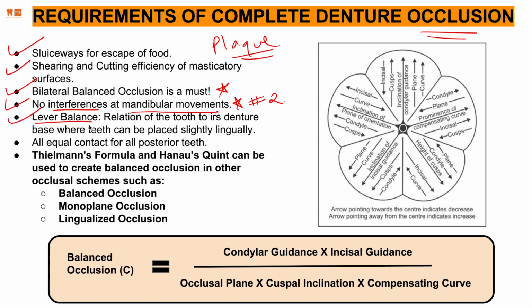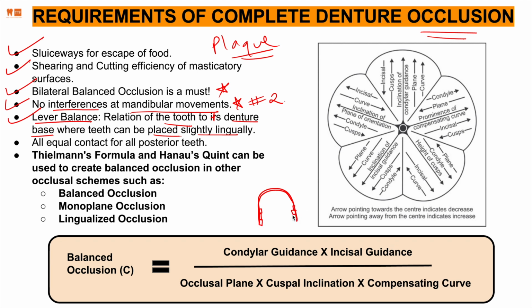And then there's a lever balance. It is the relation of the tooth to its denture base, where the teeth can be placed slightly lingually. So if this is your mandibular ridge, for example, your denture base is representing your alveolar ridge, right? And anatomically, you want to put your mandibular molars a little bit lingually.